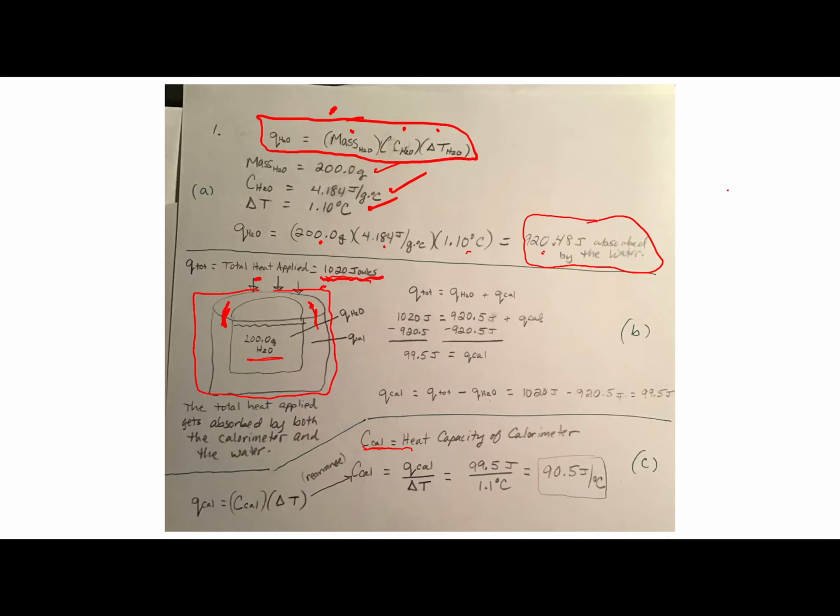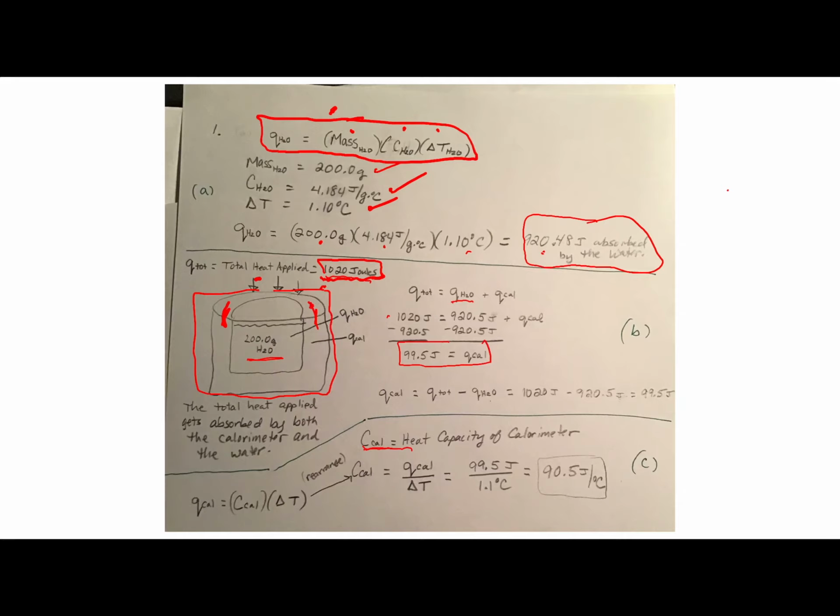If we take our total amount that was applied to this system, which we know is 1220, and subtract the heat that the water absorbed, we find out that the amount of heat the calorimeter absorbed is 99.5 joules.